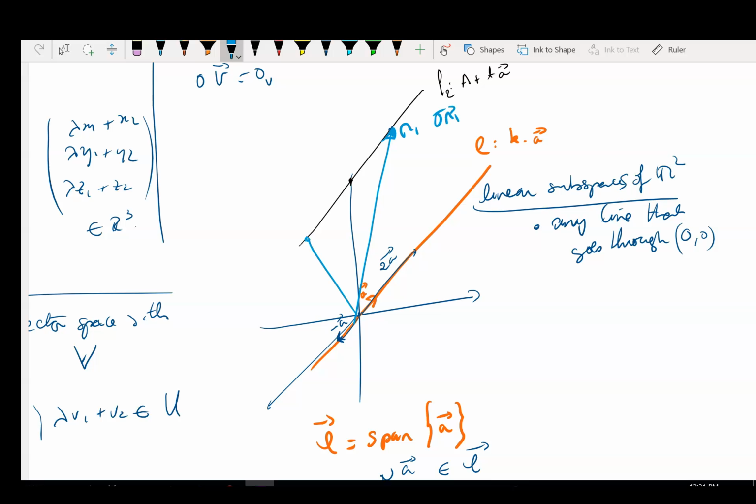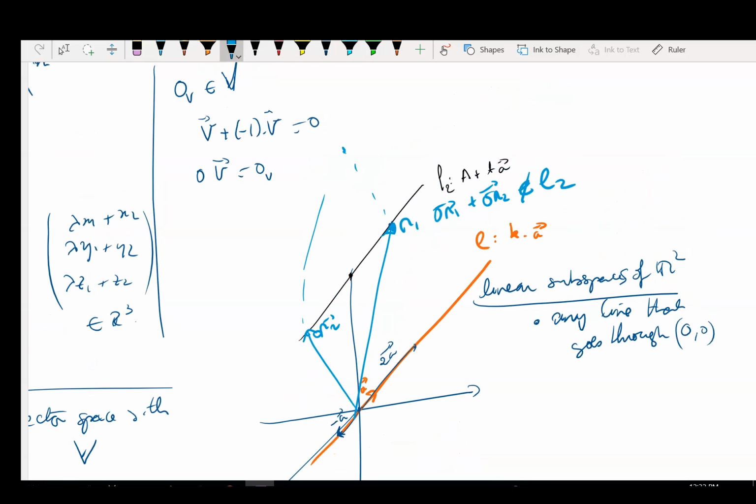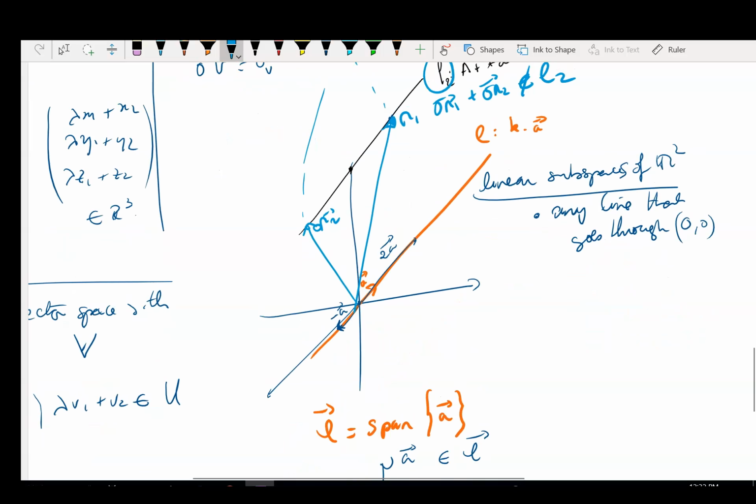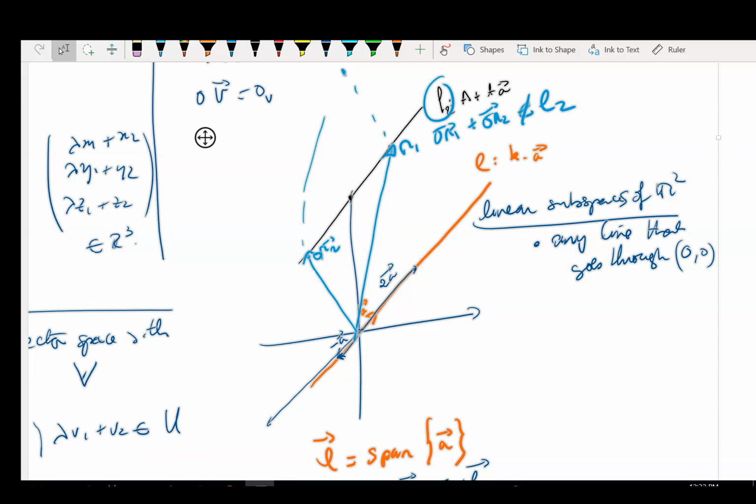And if you take another point on that line, that is the vector OM2, you have that OM1 plus OM2 does not belong to this line. OM1 plus OM2 gives you that point that does not belong to the line L2. So to sum up, any line that goes through the origin is going to be a linear subspace.